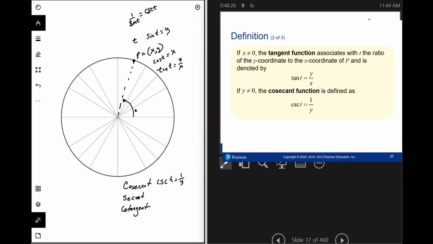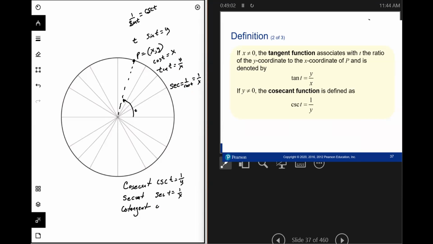Secant is the reciprocal of cosine. So secant is written as SEC, which is 1 over cosine. And cosine is x, so that's going to be 1 over x. So we have secant equals 1 over x. And cotangent is the reciprocal of tangent.